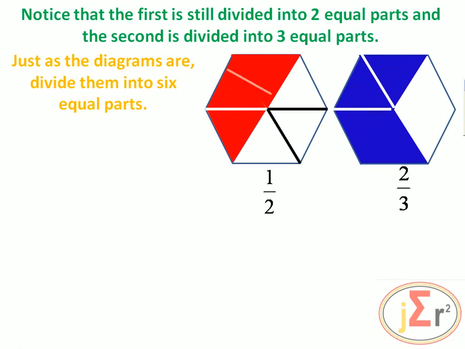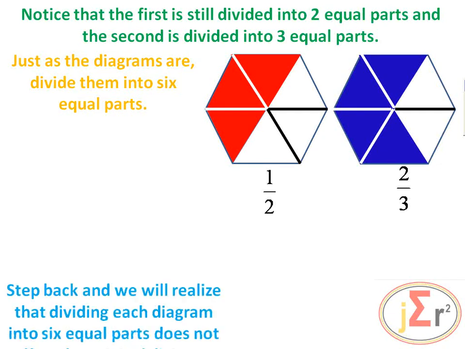And by dividing them into 6 equal parts, the original division is not affected. And it should not be affected because 6 is a common multiple of 2 and 3. The common denominator is 6. Therefore, halves may be divided into sixths, and thirds may be divided into sixths also.